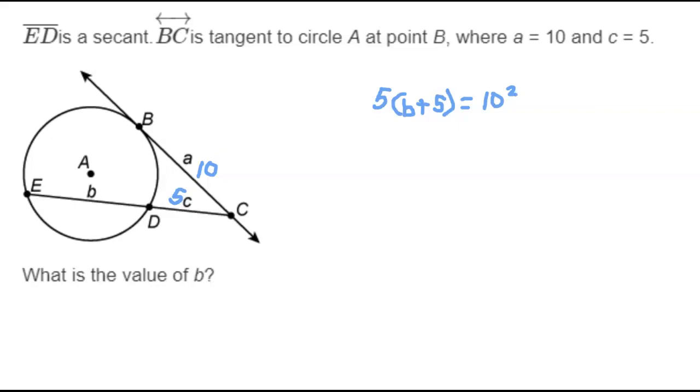This tells me that 5B plus 25, because I got to distribute, so 5 times B plus 5 times 5, which is 25, is equal to 100. Now you can go ahead and solve this multi-step equation for B.